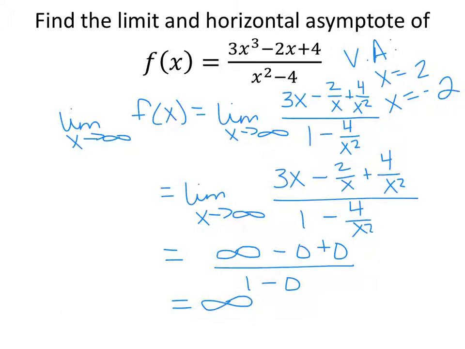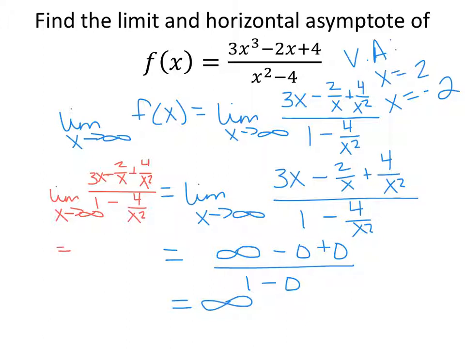And I can see here the only difference, if I write this as the limit as x approaches negative infinity, I would still have the 3x minus 2 over x plus 4 over x squared, that's a minus, and the 1 minus 4 over x squared.